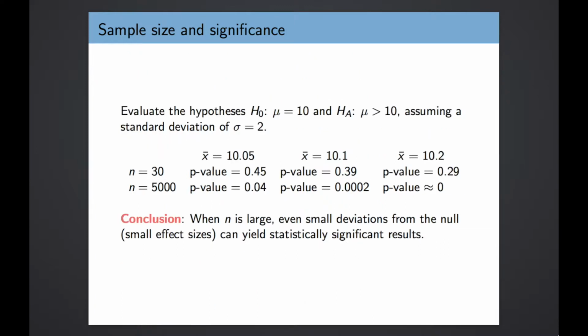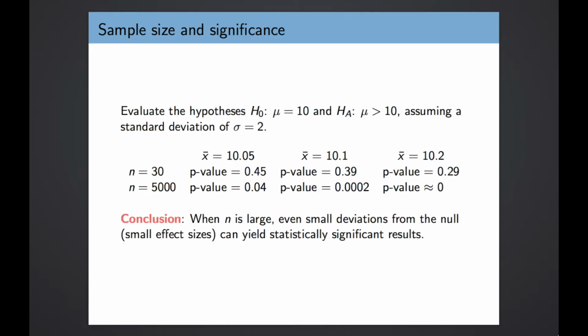To illustrate this a little further, let's say that our null hypothesis is that the population mean is 10, and our alternative hypothesis is that the mean is greater than 10, and we're going to be working with a standard deviation of 2 here. And now let's look at what happens when we have different sample sizes and some different options for sample means that we might observe.